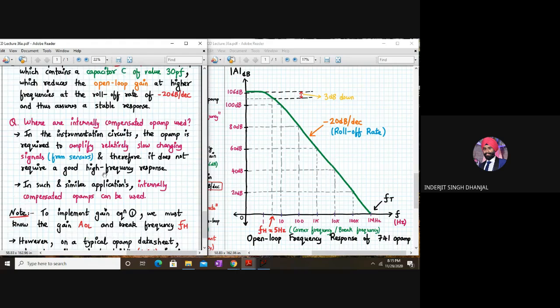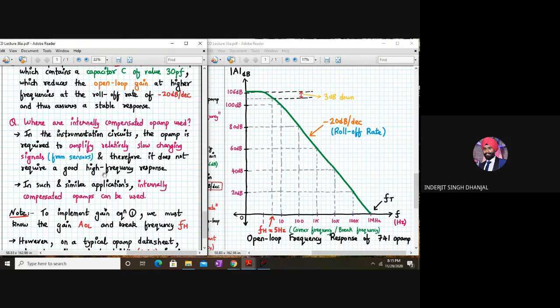In instrumentation circuits, the op-amp is required to amplify a relatively slow changing signal from the sensors. Let's say you have a temperature sensor LM35. If you measure the reading from LM35, it will come very slowly, because it takes some time for the temperature to change and reflect that in terms of voltage using the sensor.